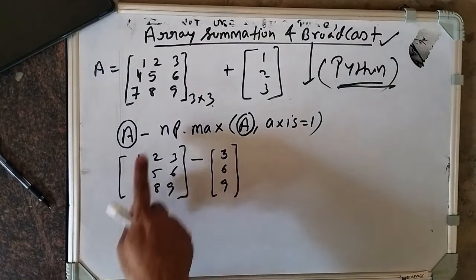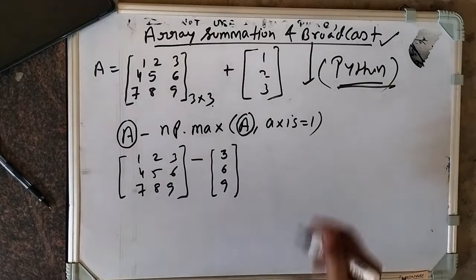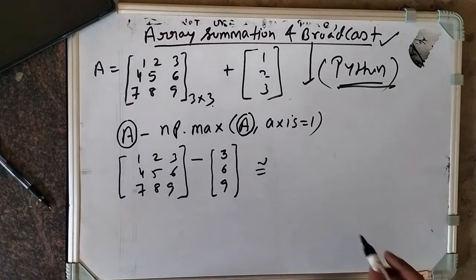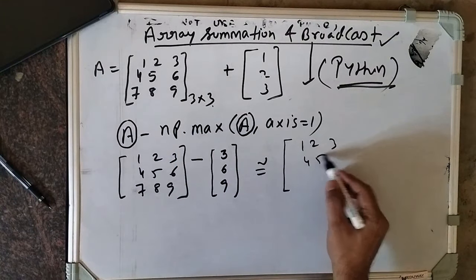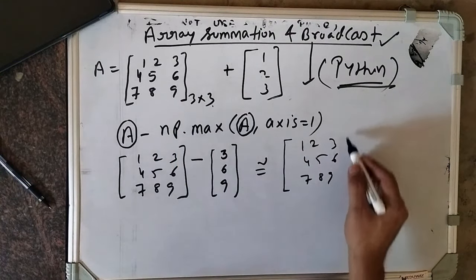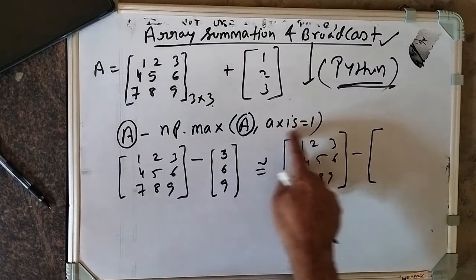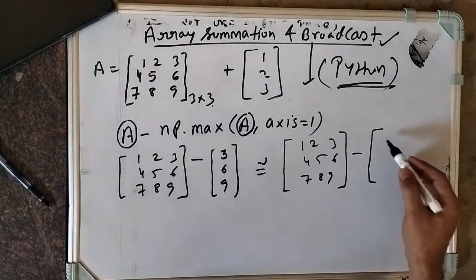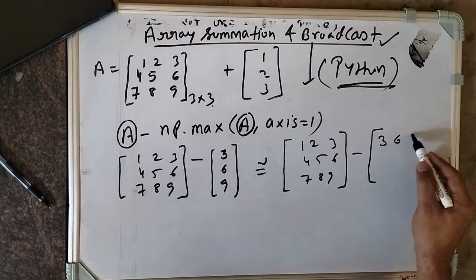And suppose you want to subtract A minus np.max. How will the compiler work? Python will take 1 2 3 4 5 6 7 8 9, then minus. According to axis equal to 1, it will write this: 3 6 9 3.